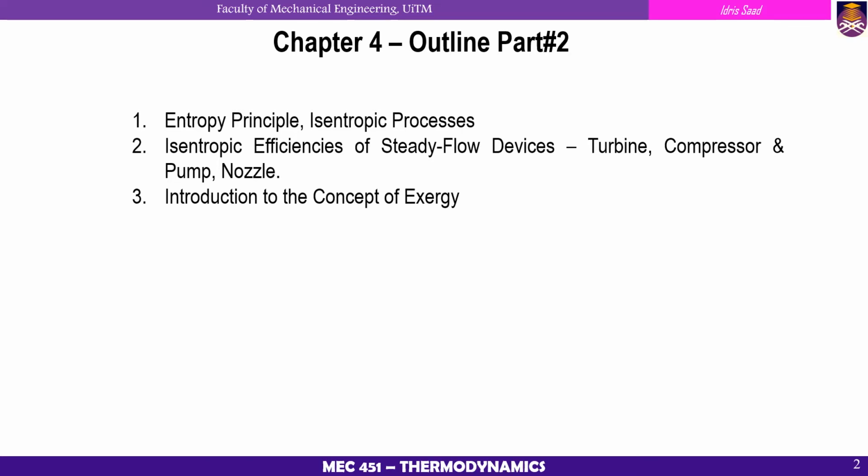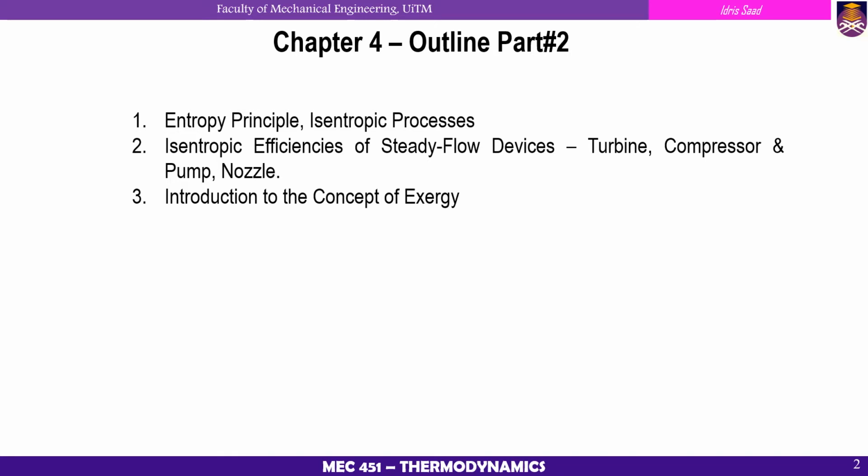In this video, we will start by learning about the isentropic processes based on the entropy principle. After that, we will apply all the knowledge of this chapter to define the isentropic efficiency of some steady flow devices such as turbine, compressor, pump, and nozzle.